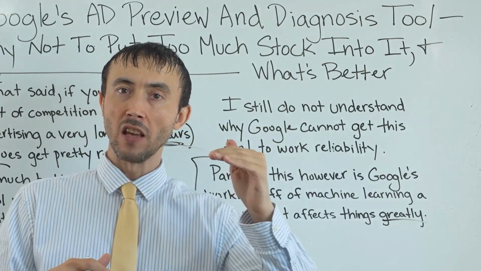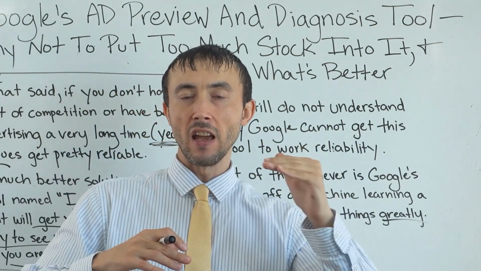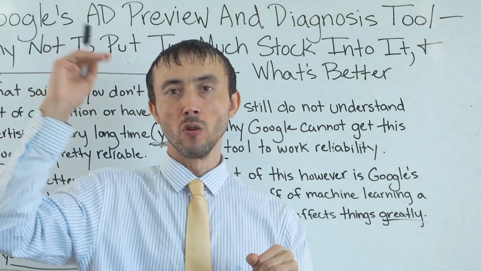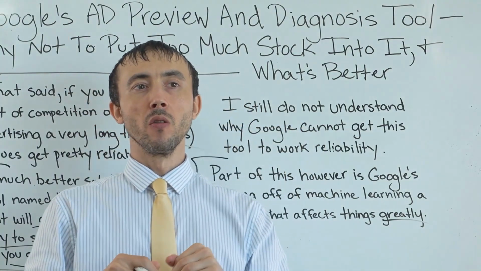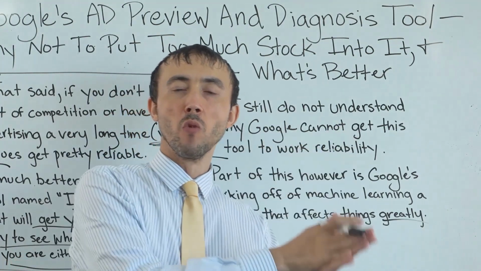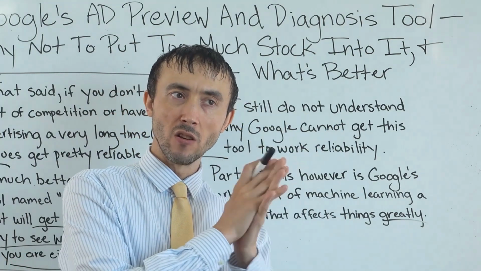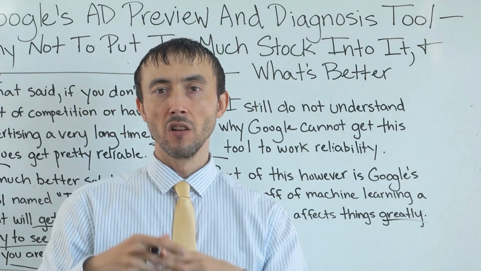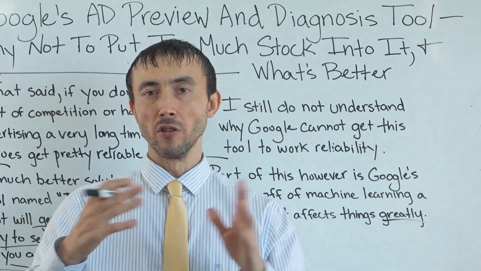Whereas if it has little data about you, it'll rarely say in the ad preview and diagnosis tool that you show up, whereas on Google search you will show up. So the more familiar they are with you, the more the ad preview and diagnosis tool will accurately show you as showing up on Google when you actually do, to clear it all up as to what I was just saying there.